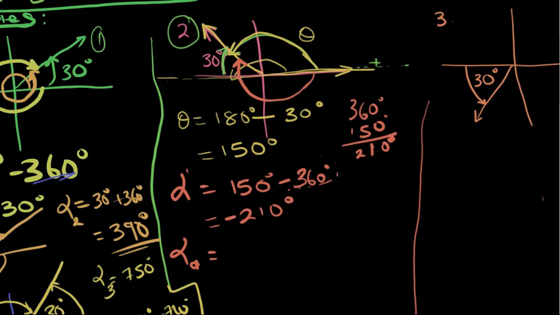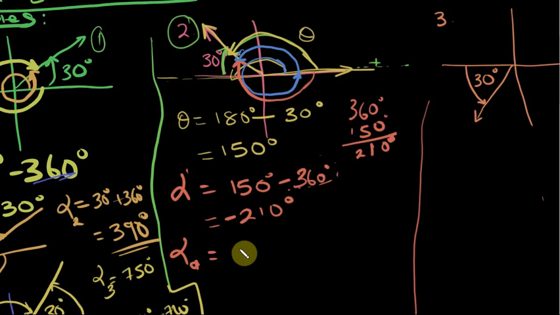How will this one look? It will start exactly where our reference angle starts. It will move all the way to 360, and then it will move again from 360 by 150 until where our reference angle terminates.